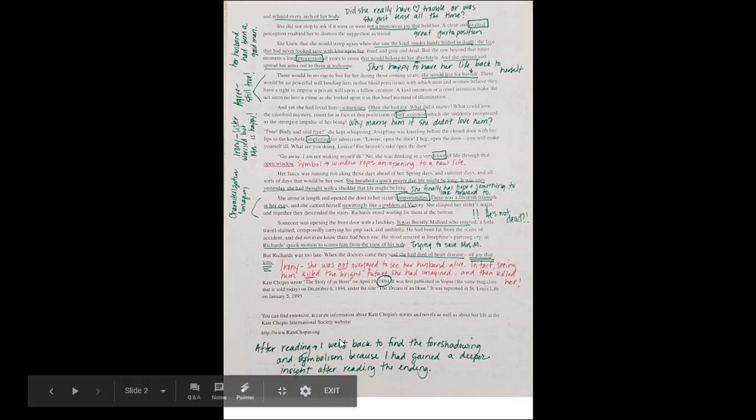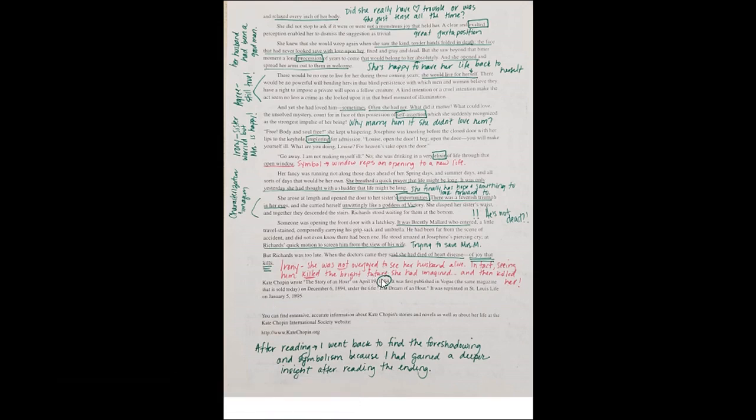Now, I included this piece down here just to give you a little background information about the story, and I circled the year because I think the context of when it was written can impact our understanding of a story. So knowing that it was written in 1884, when the plight of women was a little bit different than it is today, gives me some more insight about how she would be feeling and why.